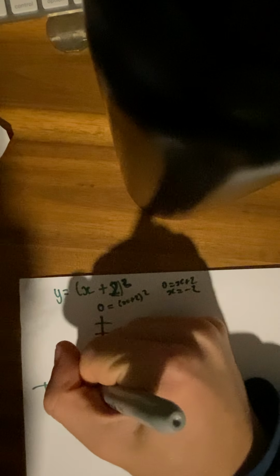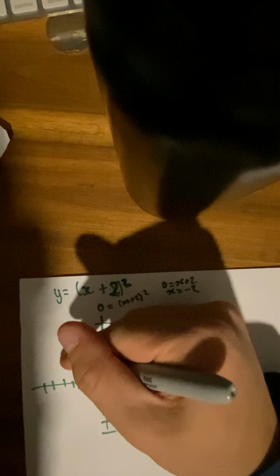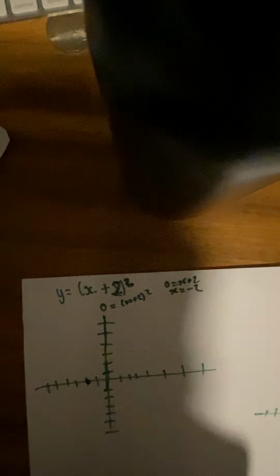Now we can solve for x. x plus 2 equals 0, therefore x equals minus 2. But the thing that's different here is that it's only going to hit the x-axis once. That is, it has one x-intercept as we solved here, rather than having, let's say, minus 2 and 4.